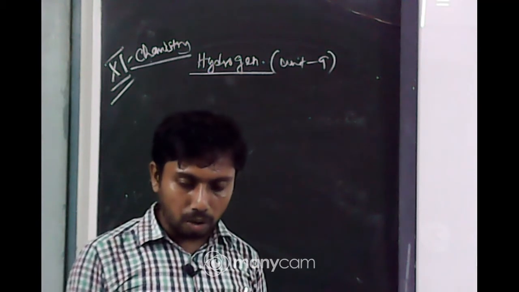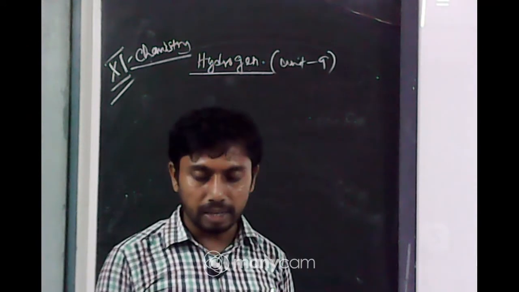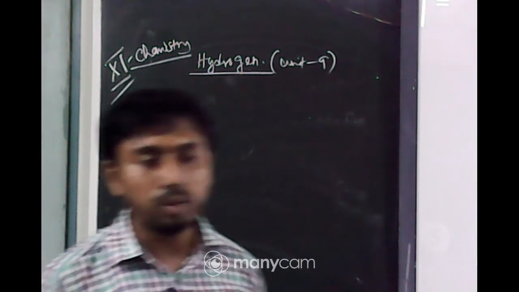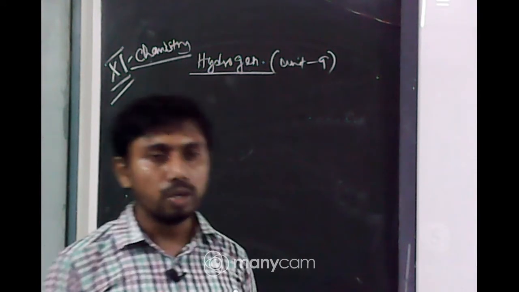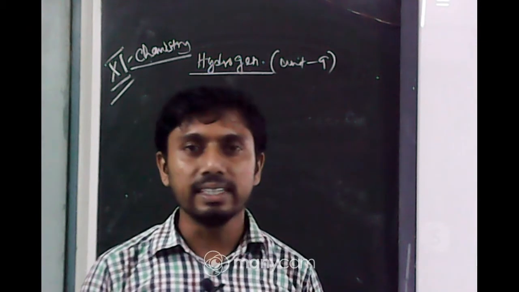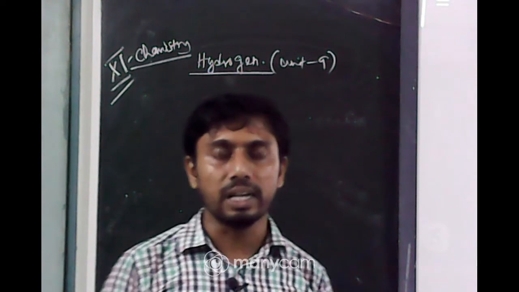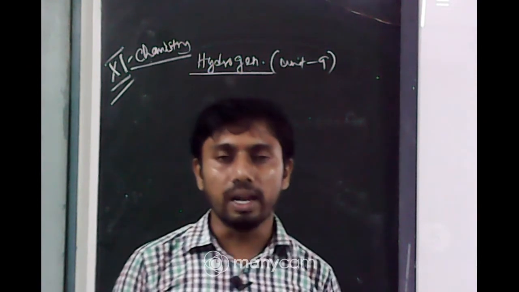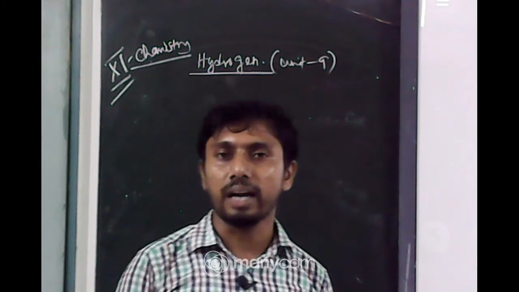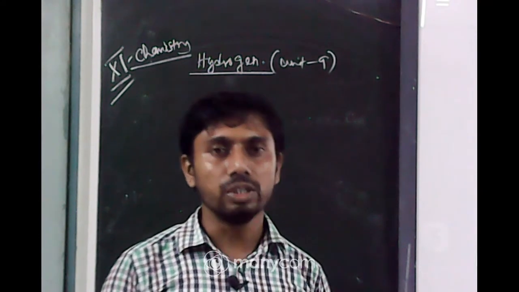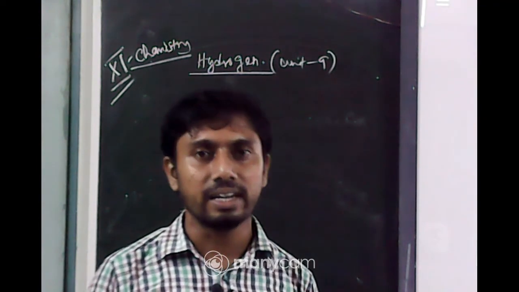Now occlusion of hydrogen was already done, and what is the hydrogen economy? As the heat value is high, it is equal to 143 kilojoule per gram, and it is the lightest. So as it is the lightest and the heat value is maximum, it is an alternate option for fuel in industry and also for aviation, that means aircraft and so on. So hydrogen could be an alternate to fossil fuels like petrol and diesel, which are decreasing day by day.